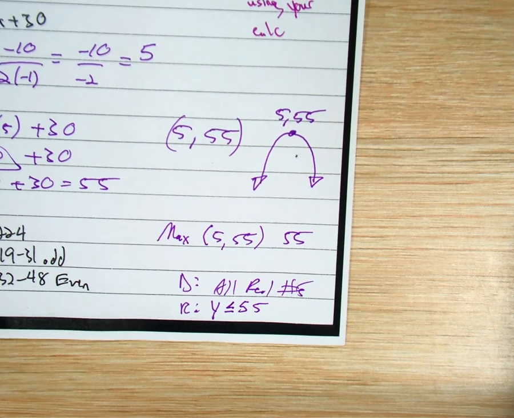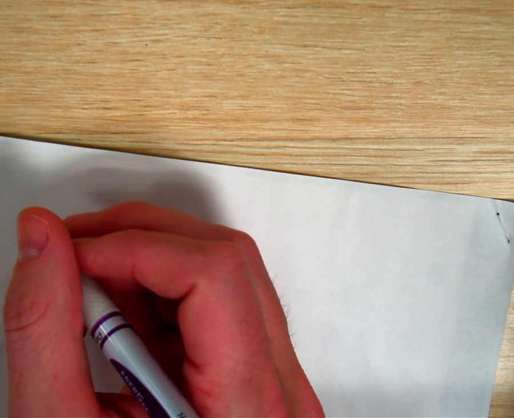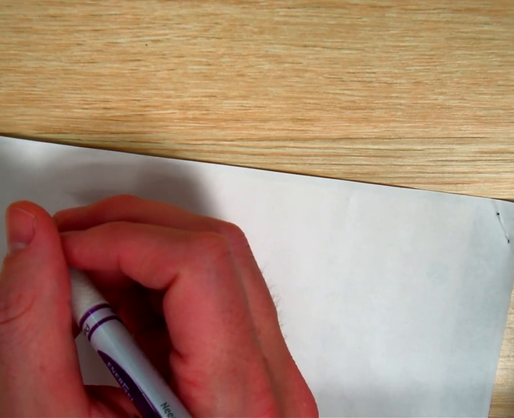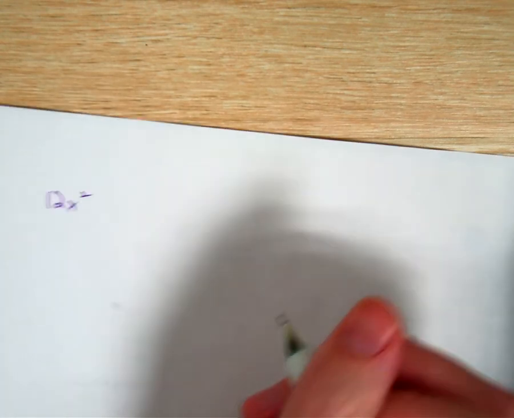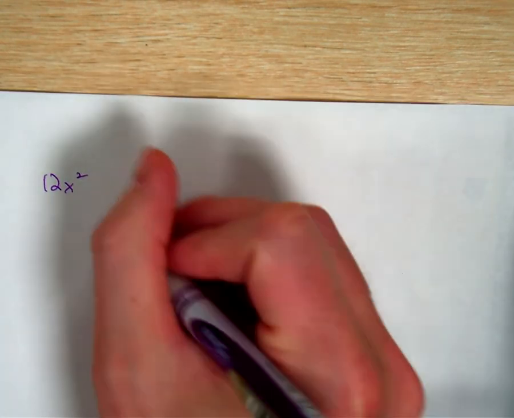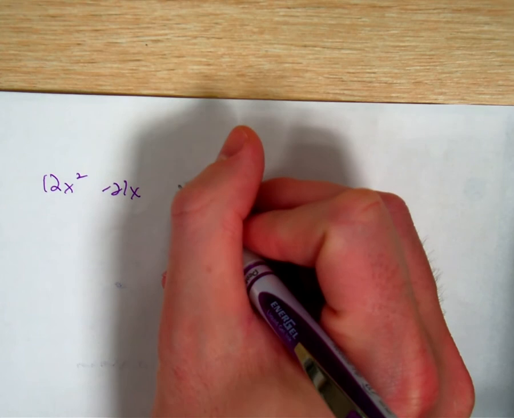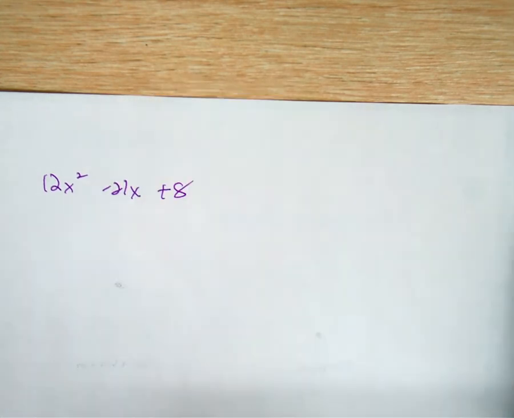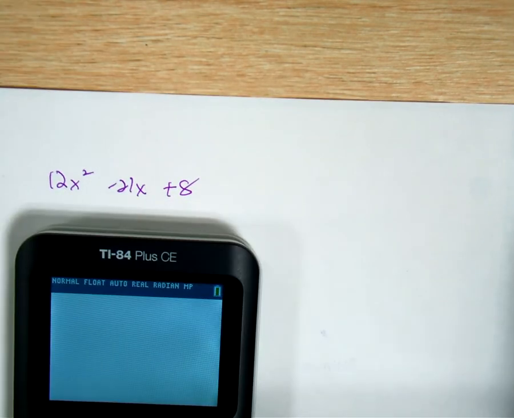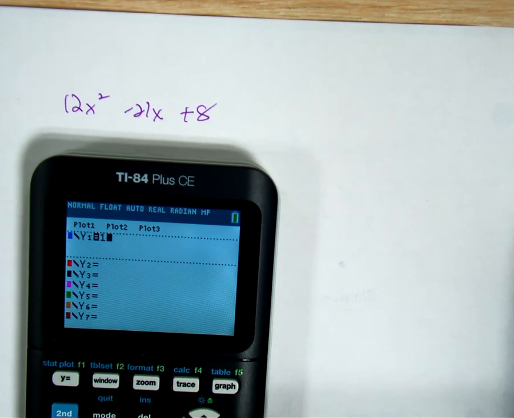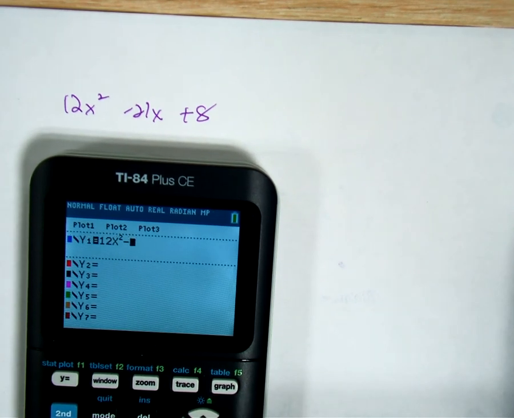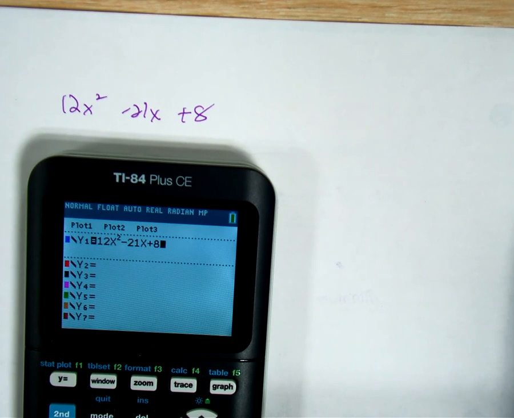We'll use just one of these right off the homework here. Y equals 12x squared minus 21x plus 8.